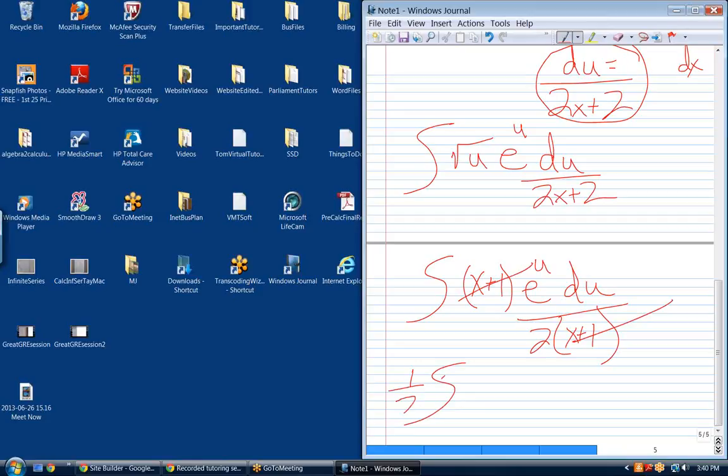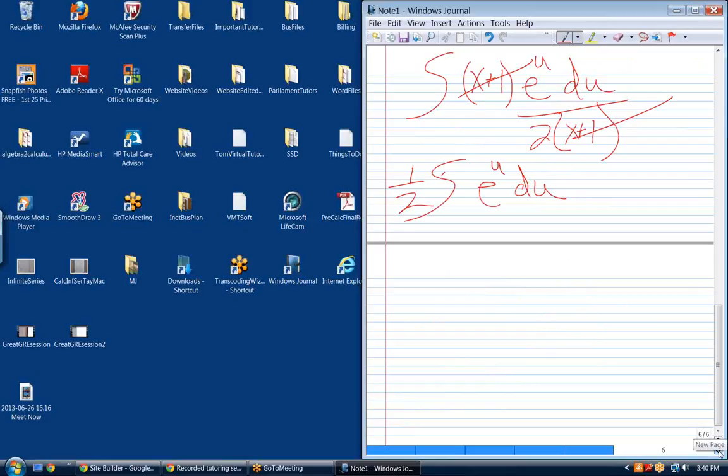I can take the 1/2 outside the integral. So I've got e to the u du. You see how I got to that step? Yeah, I see what you did. Okay. So now it's easy to do. That's 1/2 e to the u, and go back in and substitute (x plus 1) squared plus c.